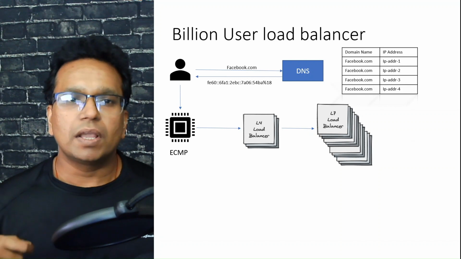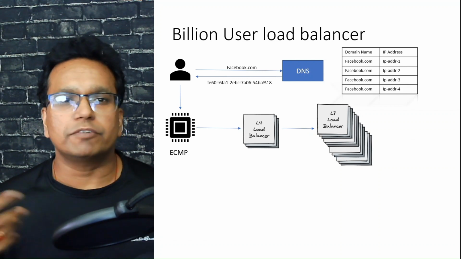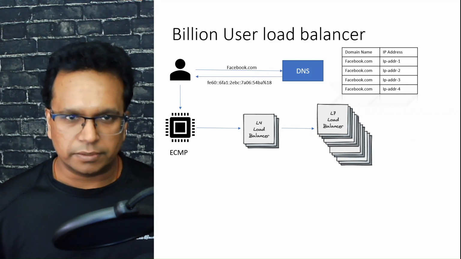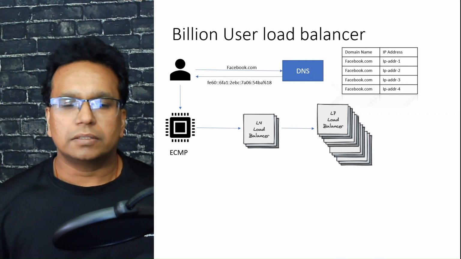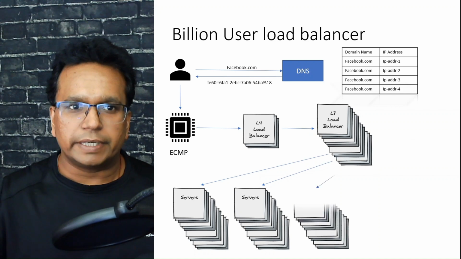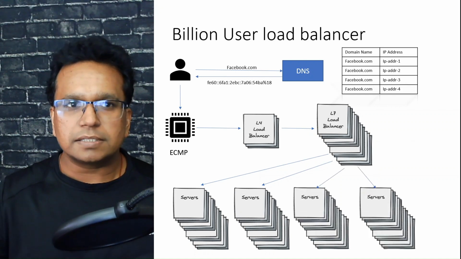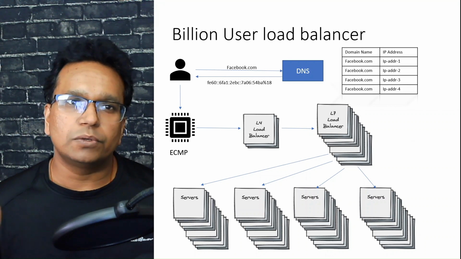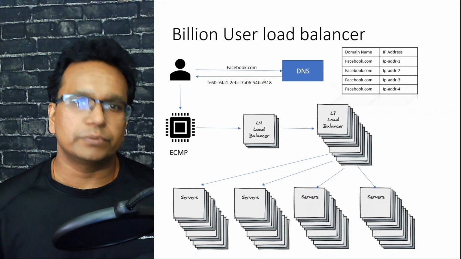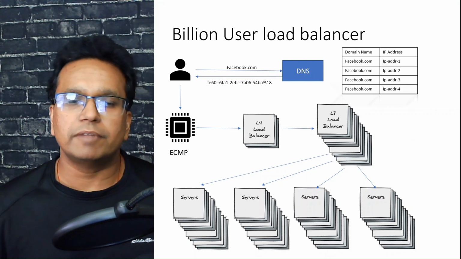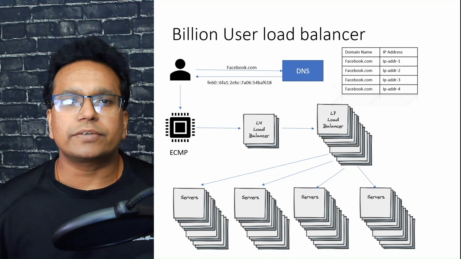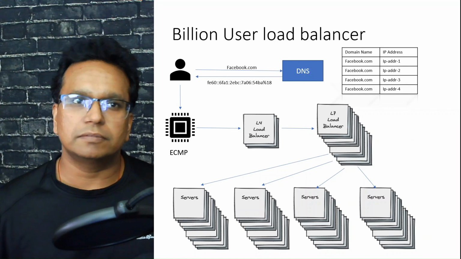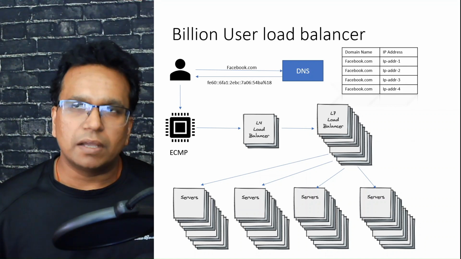L7 could be in the hundreds. And then each L7 load balancer could be serving thousands of VMs, right? This is how the deployment topology looks if I am going to serve a billion users. Of course, it is not the one real right way, but the goal is to give you context, or just an approach, for how we can serve a billion users.